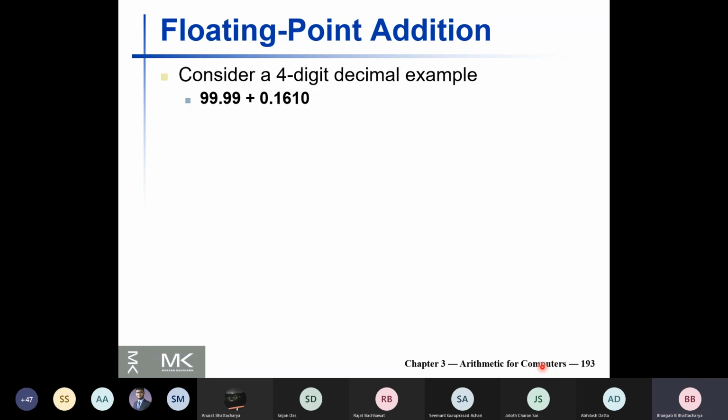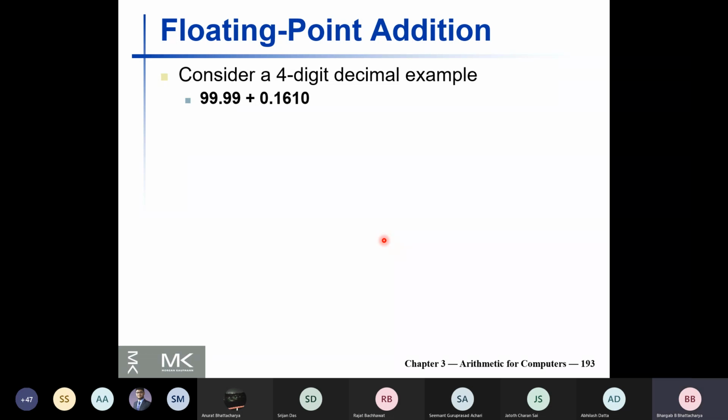So consider a 4-digit decimal example, in the sense that after the decimal point, I have 4 digits of precision. So these are the 2 numbers I am going to add. If you are asked to add 2 numbers, what do you do first, in your school arithmetic?